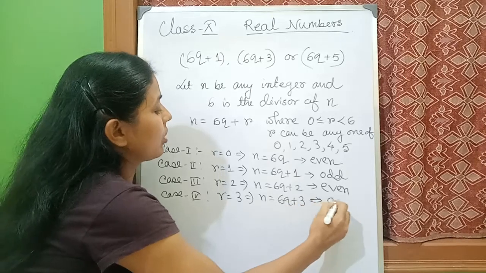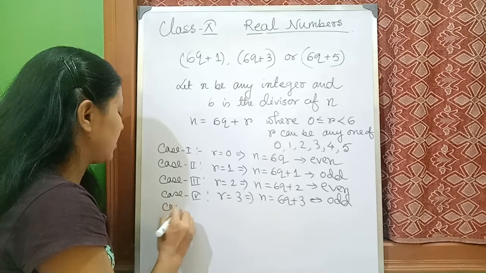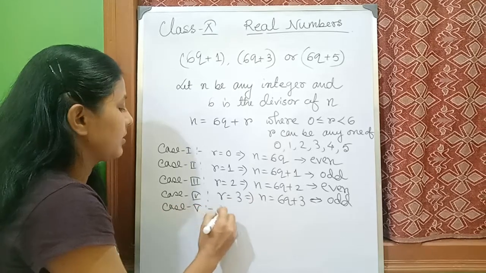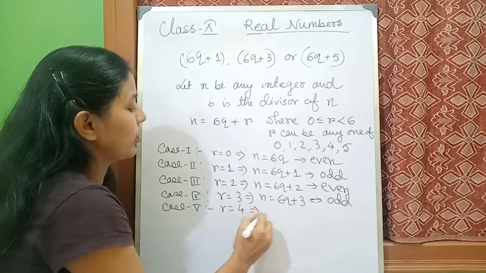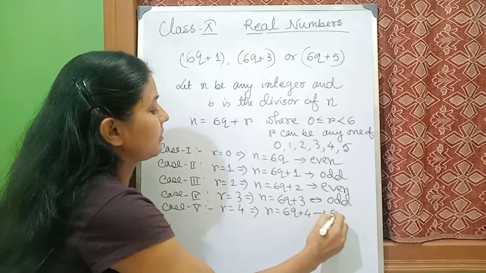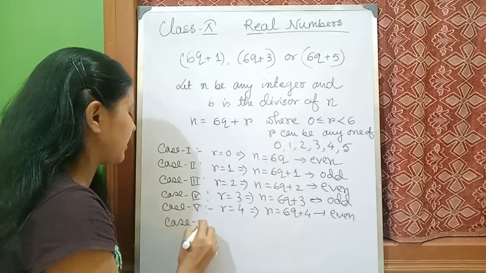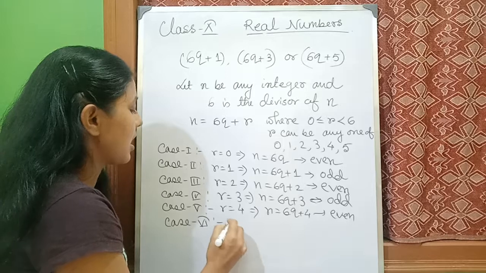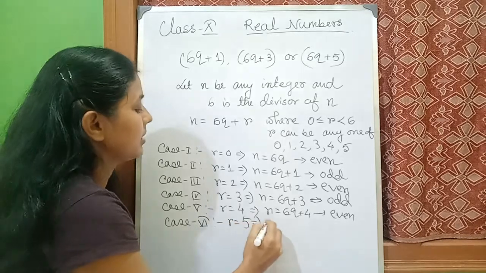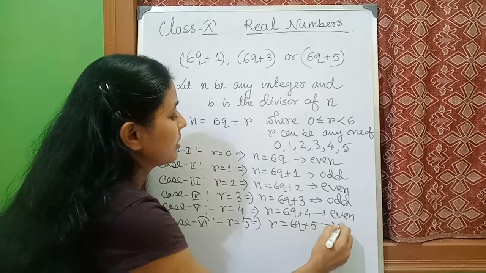This will be odd because 3 is odd. Case 5. r equals 4. n equals 6q plus 4, that is even again with the same logic. Case 6. r equals 5. That means n equals 6q plus 5, which is odd.